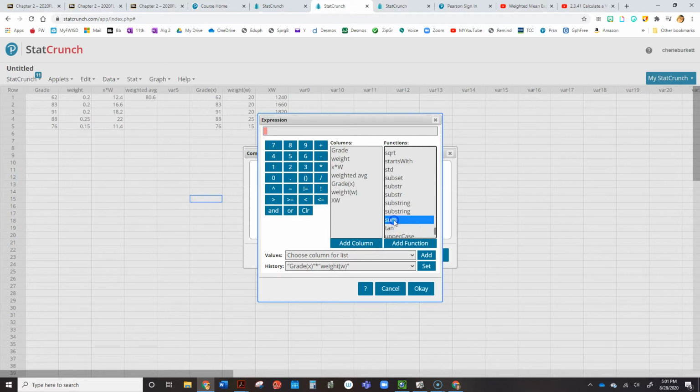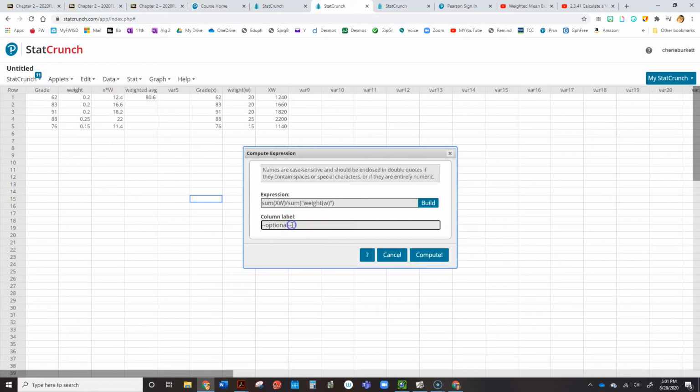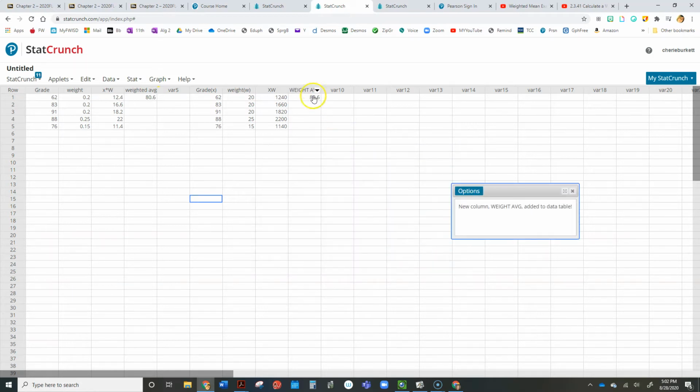The sum of the x times y, and I'm going to divide that by the sum of the weights, and it's the weight with the W. Then I'm going to put that in, and I'm going to call it capital, trying to make it look different than the weighted average over here because I don't want the two to get confused. So I'm going to compute, and it came out to be 80.6.